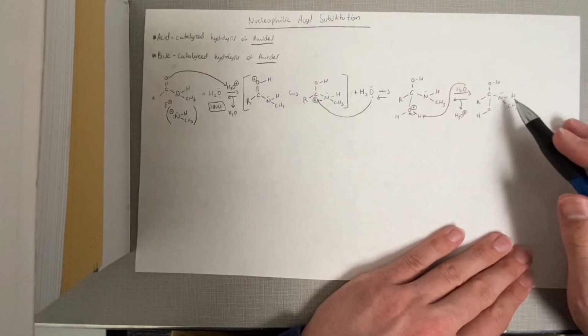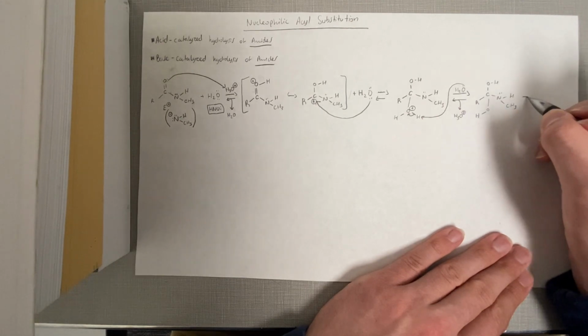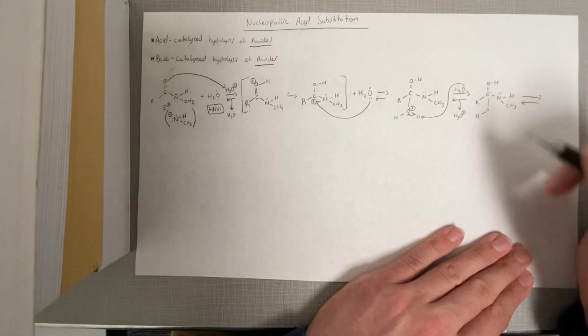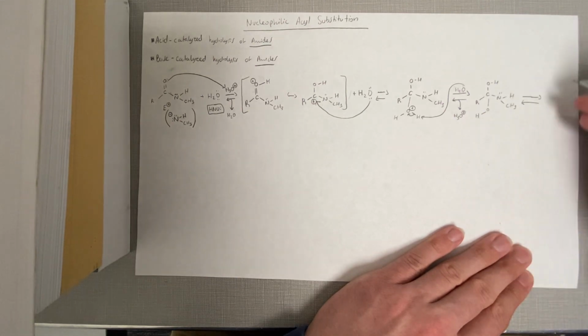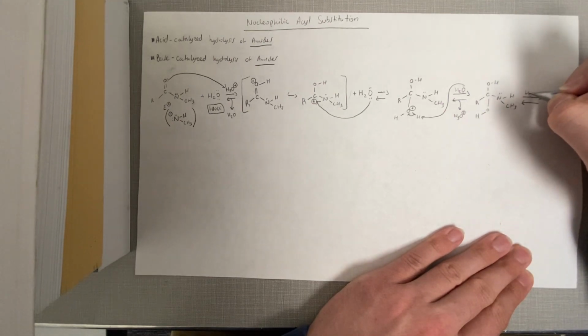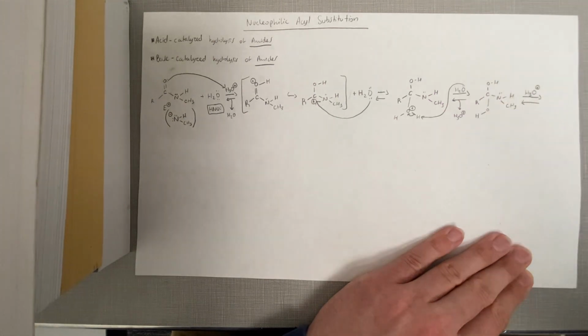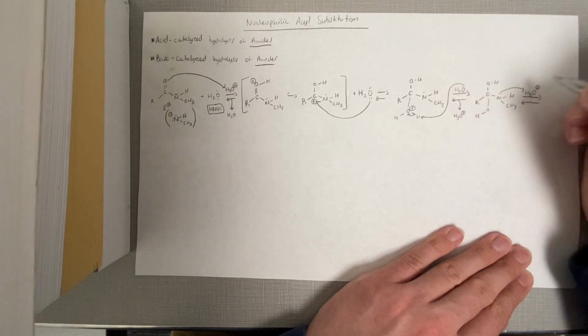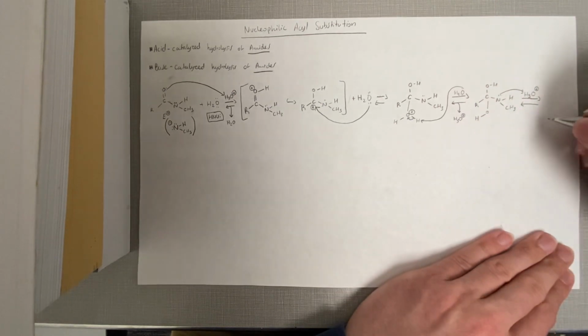All right, now that we have this, one thing left to do is to protonate our leaving group. To protonate, we need an acid. And this lone pair is going to grab this proton and protonate.